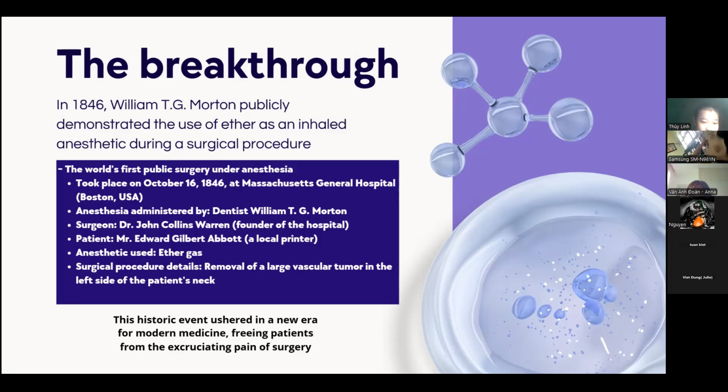Anesthesia was administered by dentist William T.G. Morton. He is also the one who invented it, and the surgeon is Dr. John Collins Warren, the founder of the hospital.